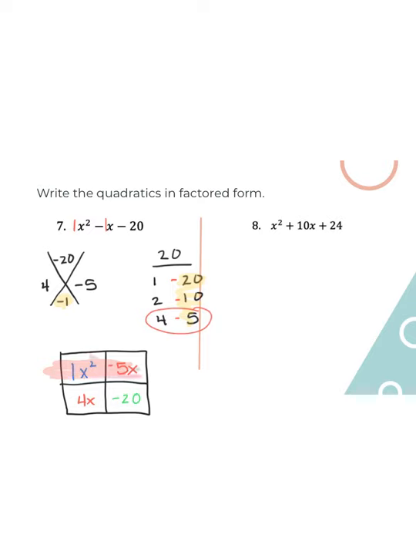So 1x and 5x, I know they both have a 1 and an x in them. And 4 and negative 20, I know that their greatest common factor is a 4, and there's no x. I'm going to go right here. 1x and 4x, they both have a 1 and an x in them.